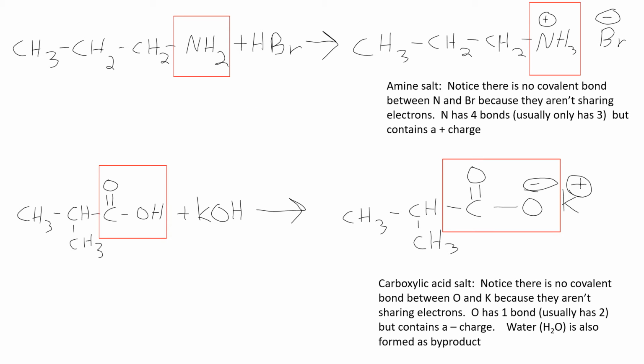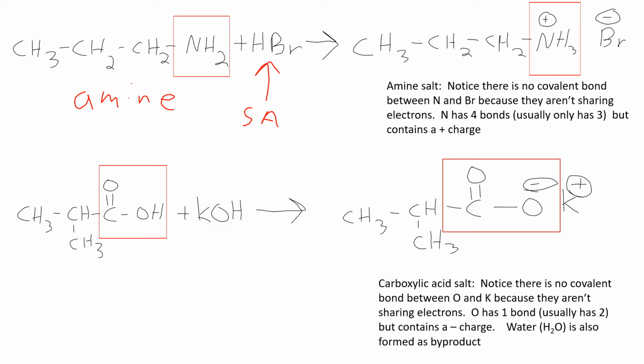So here we want to look at a neutralization reaction. The first one across the top deals with an amine. On the upper left, what you're seeing is an amine. And what are we pairing that with? HBr. Well, HBr is a strong acid.